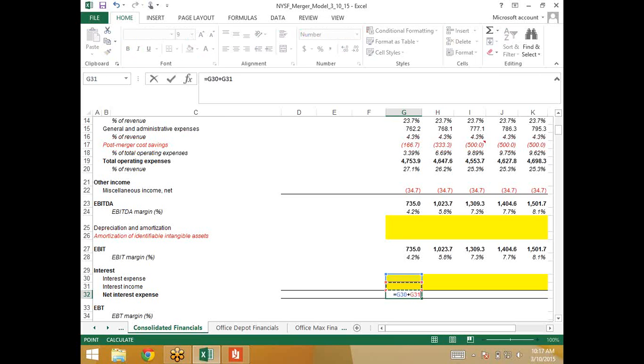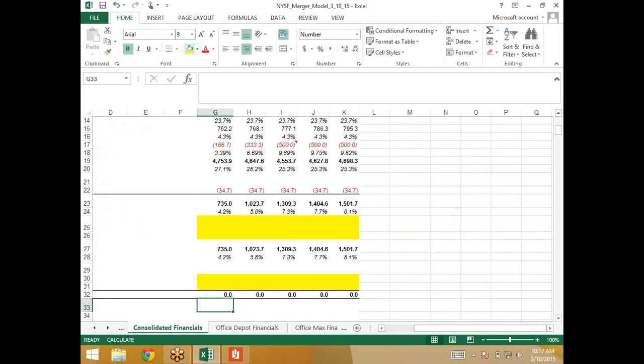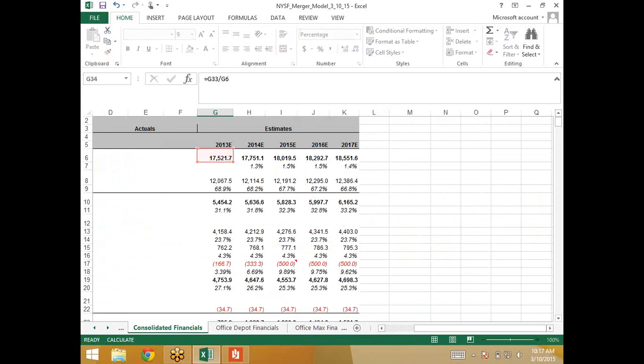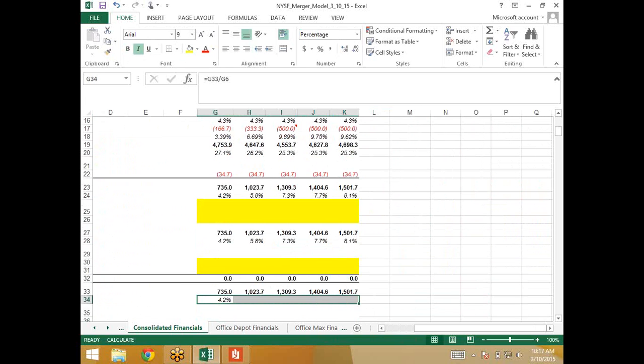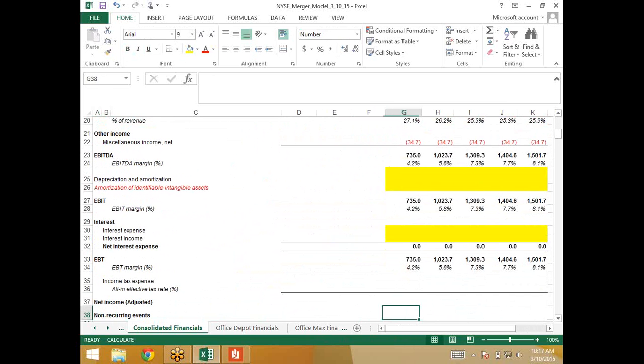So I'm going to be sure to pull in the income as a negative to be consistent with expenses are positive, income is negative. And so that EBT is going to be EBIT minus interest. And I'm then going to calculate that as a percentage of revenue. The numbers are going to look the same, but the formulas are going to be different. Let me know if you want to see the formulas. We can look at any one of them.